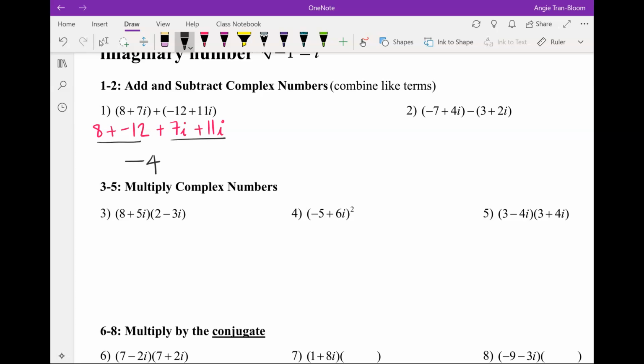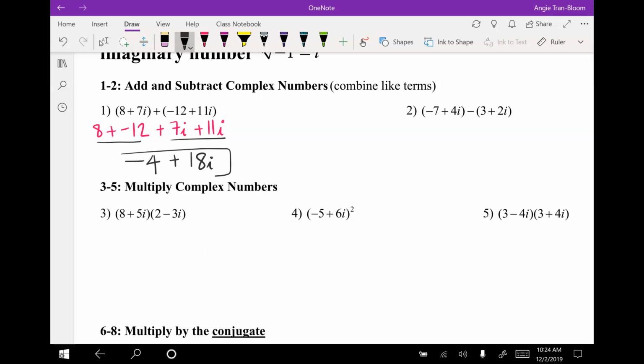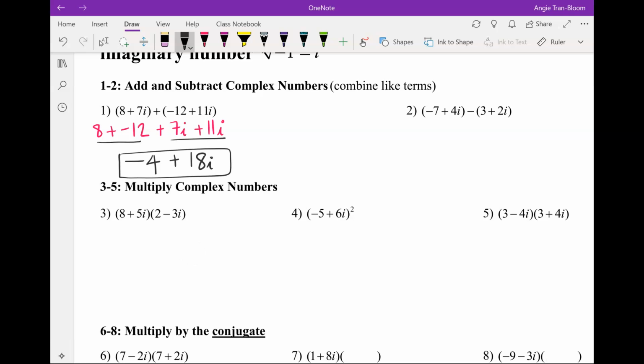Negative 4, okay? Plus how many i's? 18 i's. True or false? Yes. Okay, can I combine those? No, so we leave them. Negative 4 plus 18i. Yes. We did. 7i plus 11i is 18i's.